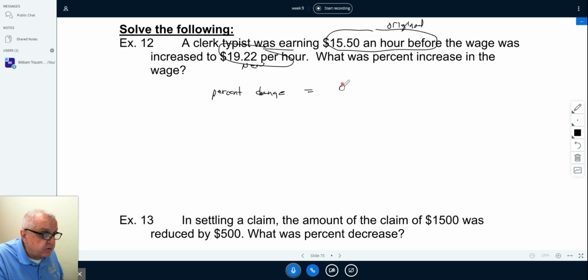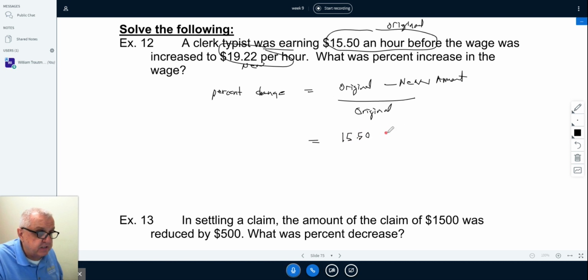Percent change equals the original minus the new, all divided by the original. So the original was $15.50. I originally made $15.50.